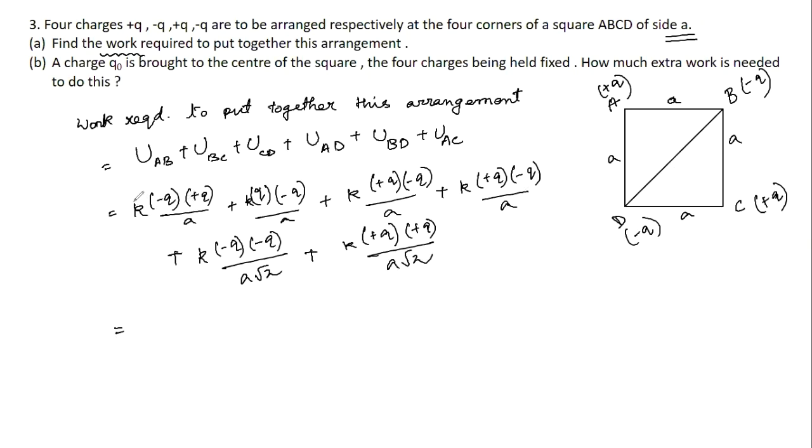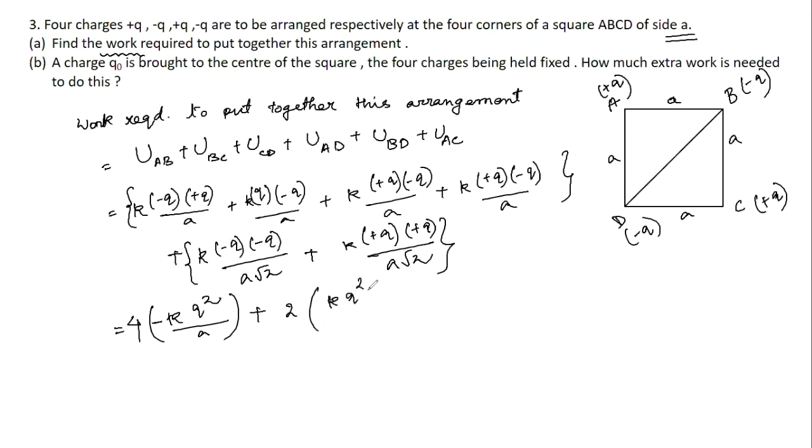So if you take into consideration all these four terms, you will have minus K Q square by A, since we have four terms, multiplied by 4, plus these two terms, so twice K Q square by A root 2.